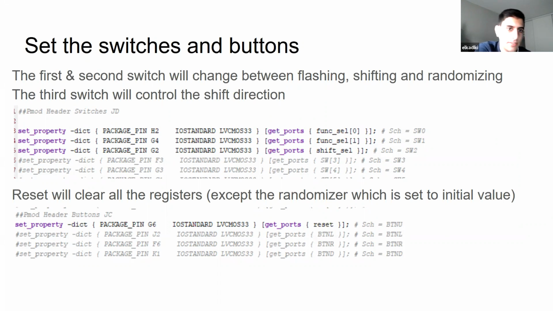Our function select is 2 bits, so we have to assign those individually to each switch. And then we got shift select, which is the third. And then we got a reset button, which is tied to BTNU, which you might have noticed on the GUI for your Vivado FPGA.